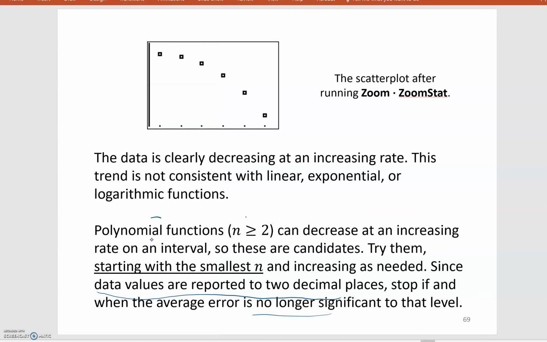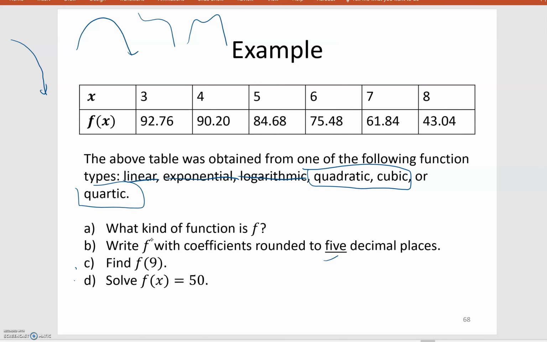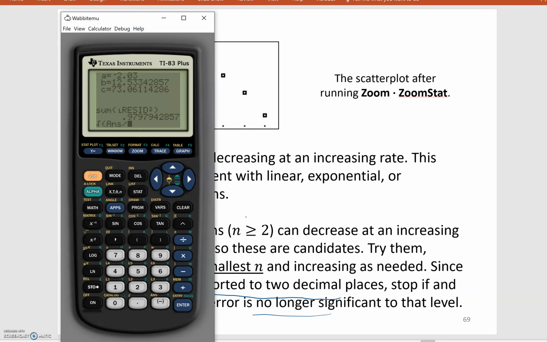I don't know how many data points we had, though. 1, 2, 3, 4, 5, 6. Okay, 6 data points. All right, so this is too big. We still have significant digits in the 10th place. So let's go to cubic and see what we get with that.